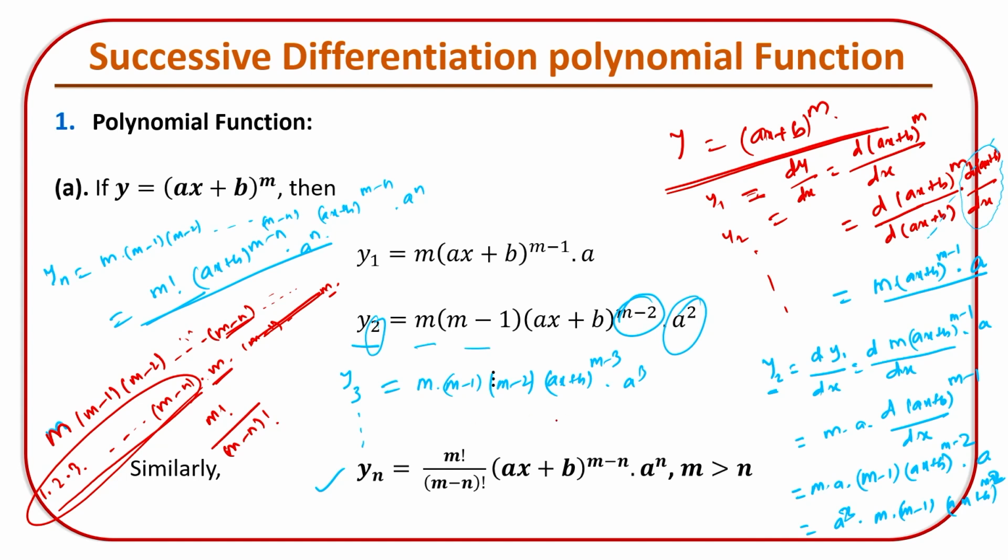That is how we get this answer: factorial m divided by factorial (m minus n) into (ax plus b) power m minus n into a power n, when m is greater than n.